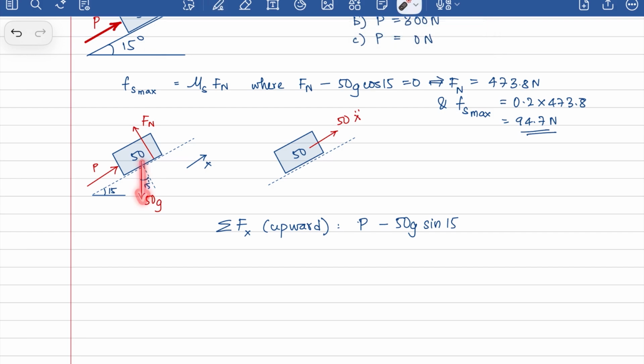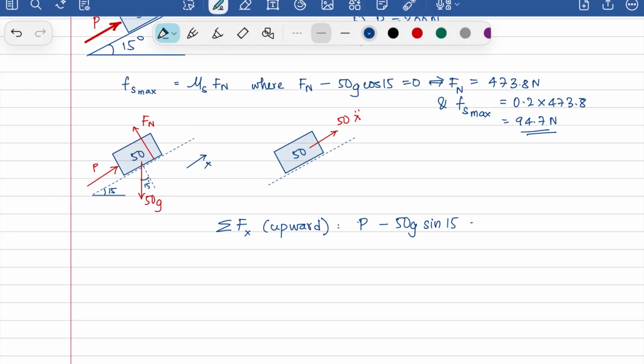This here is 50g, so the component would be 50g sine 15. So in the upward direction, it is P minus that. And it says that if this is greater than 94.7, it will slide.